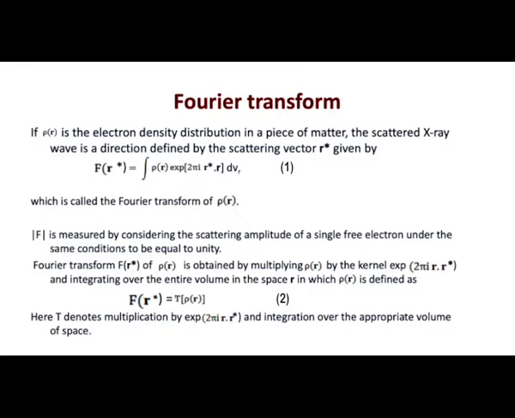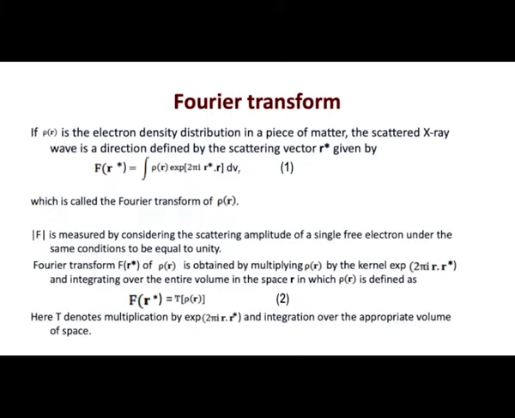So we write the structure factor in the reciprocal space r star, F of r star, as an integral expression involving rho of r, which is called the Fourier transformation of rho of r. This modulus of the structure factor is measured by taking the scattering amplitude of a single free electron under the same conditions to be equal to unity.